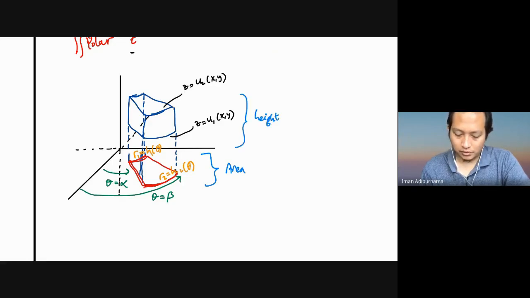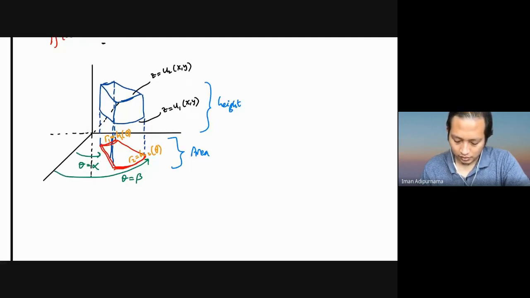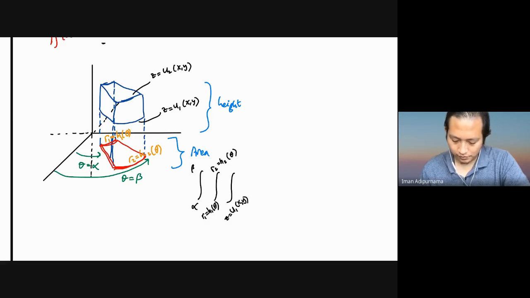So we will have the triple integral from alpha to beta, and then from r1 to r2, and then z here, z is from u1 to u2.